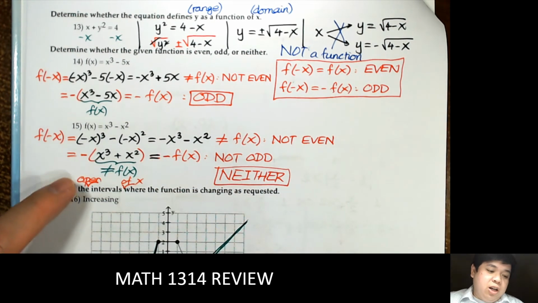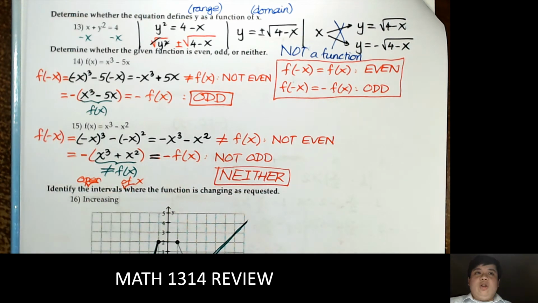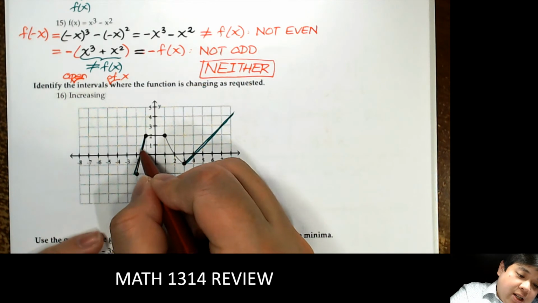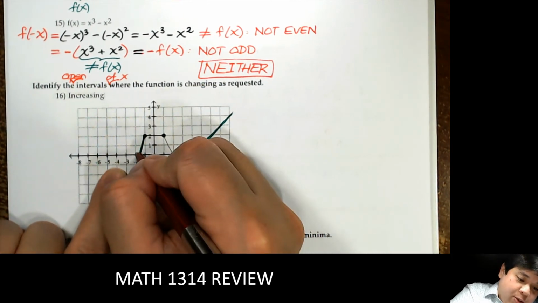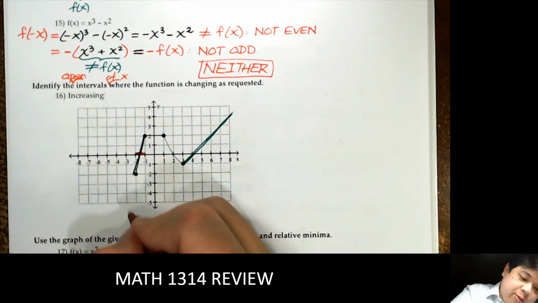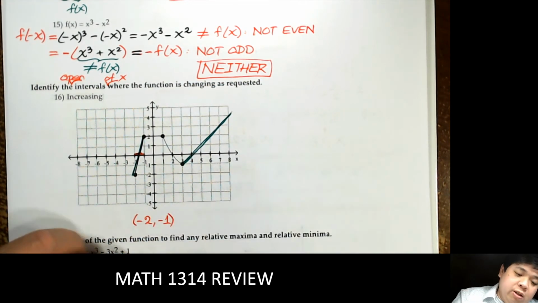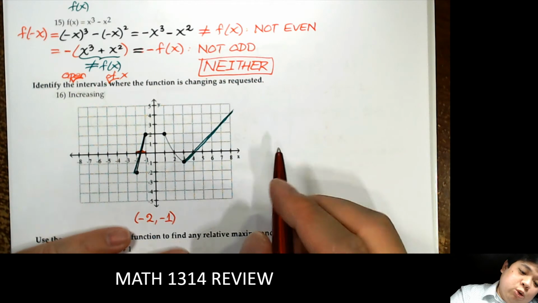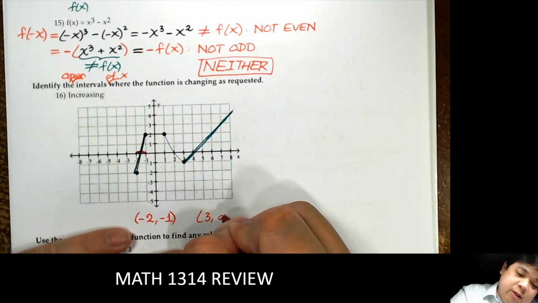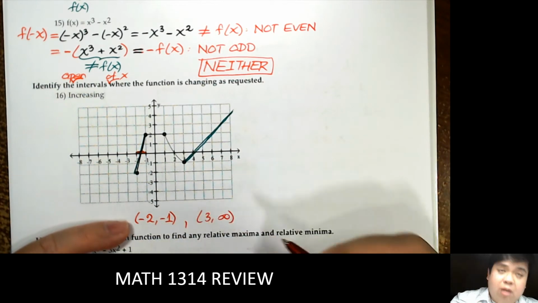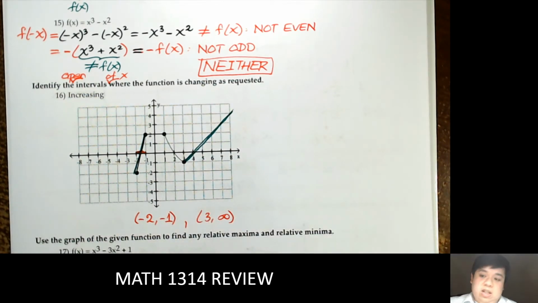So identify the open interval of x. The answer is always like that. So here we see that for this part of the graph, x goes between -2 and -1, and it's always an open interval. And then here we go from 3 to infinity. I just write the comma here. So that's where the function is increasing.